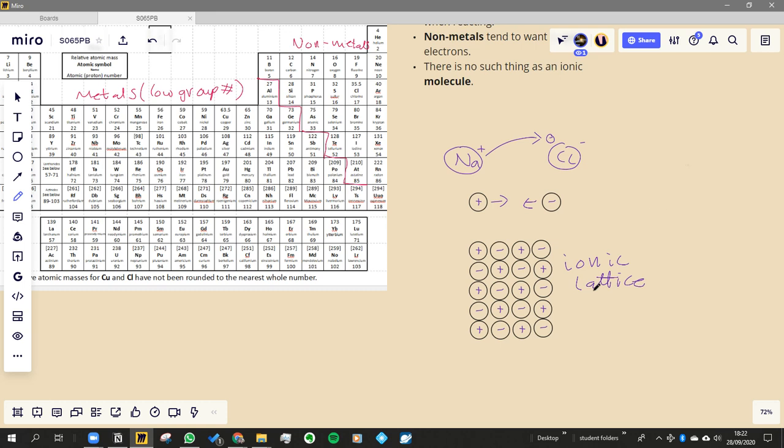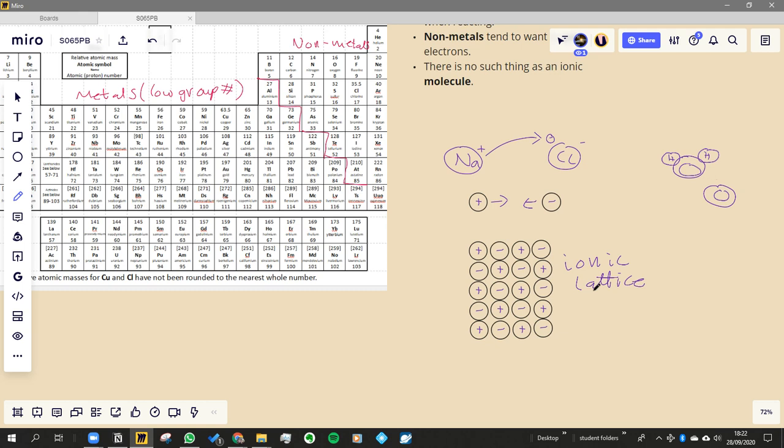So if we think about a very simple diagram of a molecule, like water, for example, water is an oxygen atom with 2 hydrogen atoms. If another oxygen atom came along, first of all, it wouldn't come along on its own, but if for some reason it did, there's no reason why it would join onto this oxygen molecule.